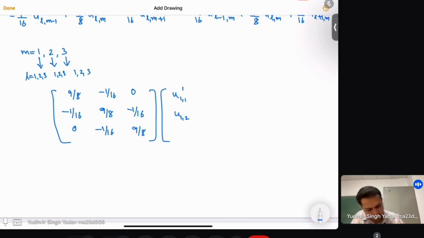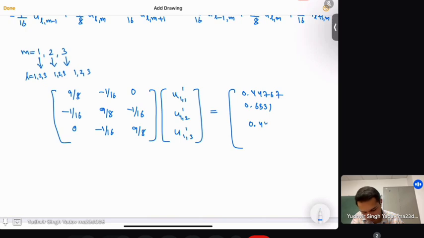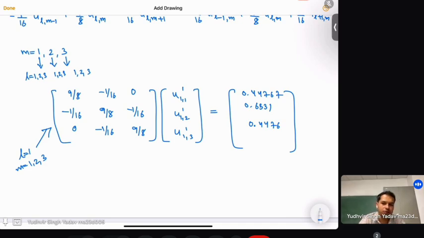And on the RHS you will get 0.44767, 0.6331, and 0.4476. So this is the case when we have fixed l equals to 1 and changed the values of m. You can do it in whichever way you feel more convenient. The solution is going to be the same.